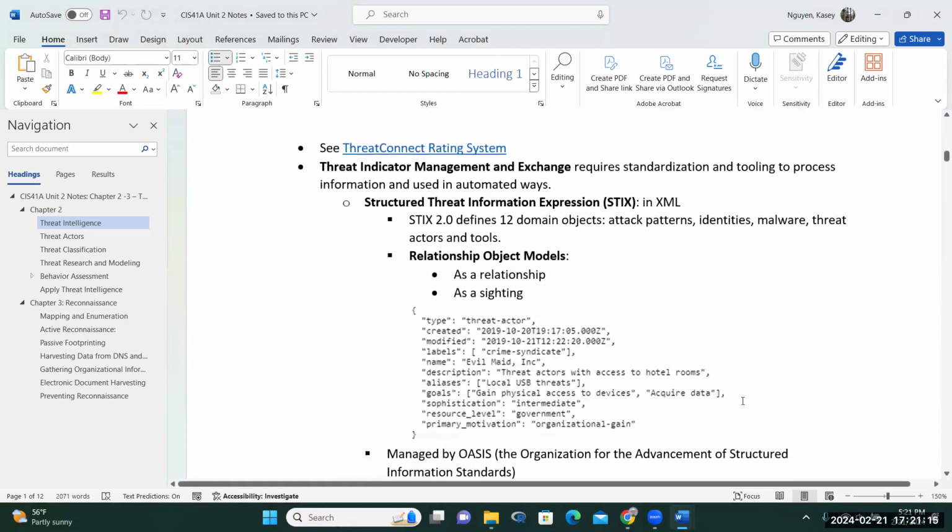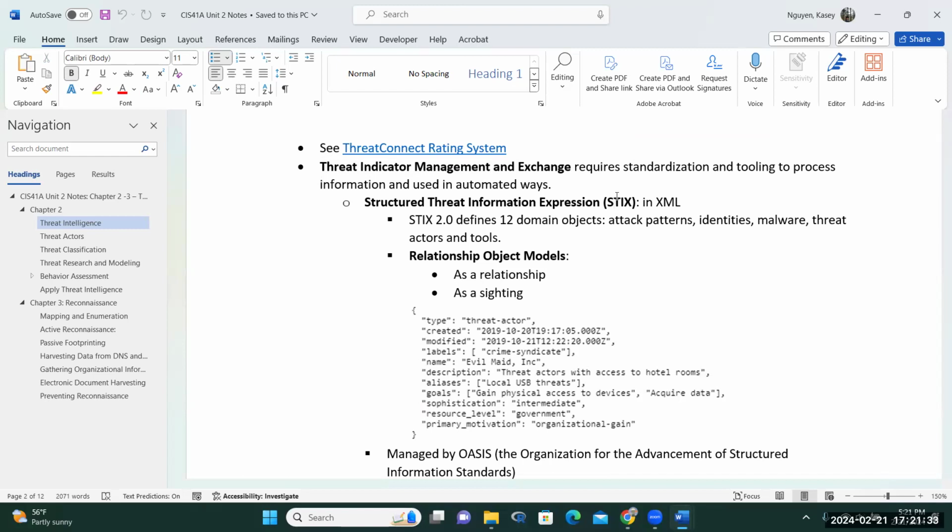Okay, so we talked about the rating systems, and what you want to do is look at some kind of management and exchange of information that would standardize the process, because we want to have more of an agreed type of process.